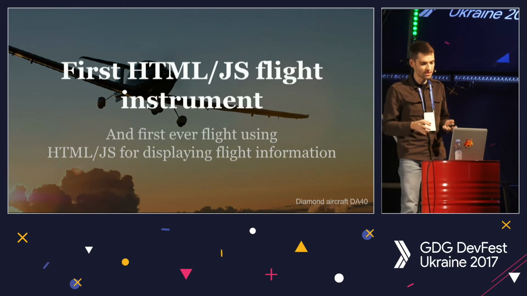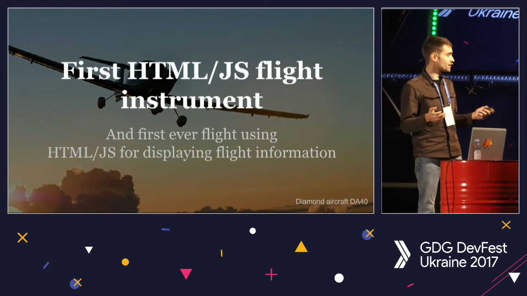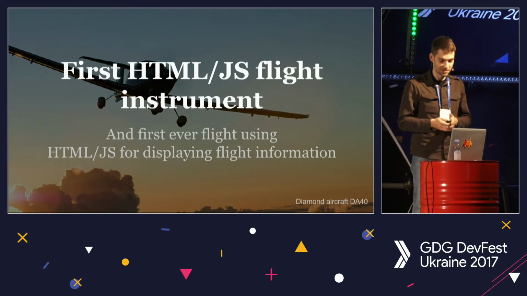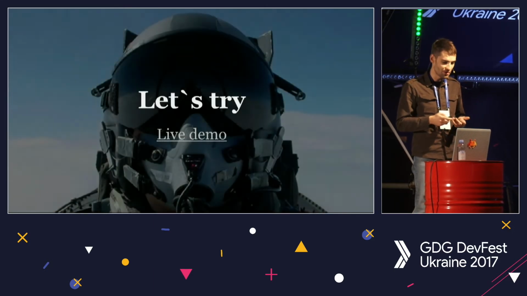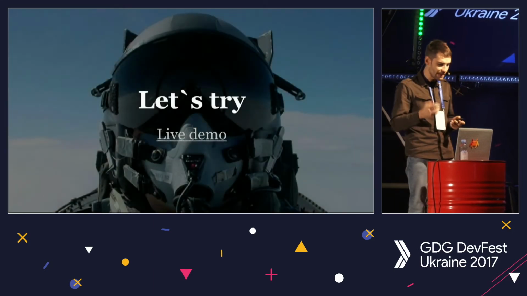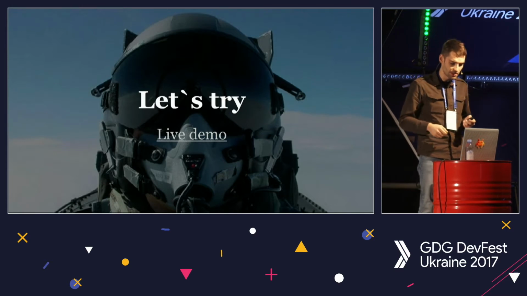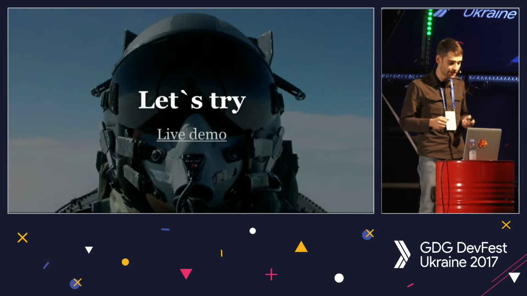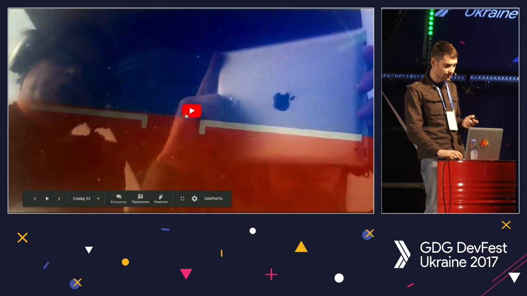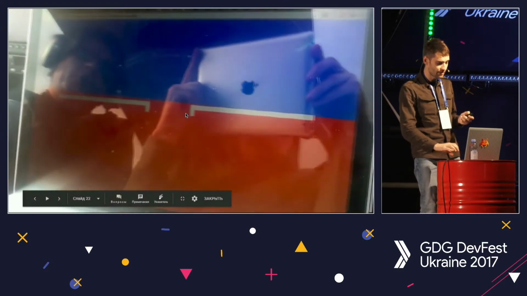Yeah, okay, there was this mental exercise. Can we do an aircraft instrument with HTML, CSS? It was 3 years ago. There is a live demo I can show you because this new MacBook doesn't have an accelerometer in it. But then we tried an HTML, CSS driven flight instrument in a real flight over Amsterdam with my friend.